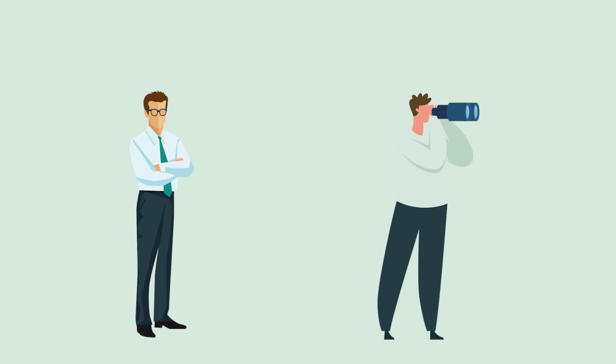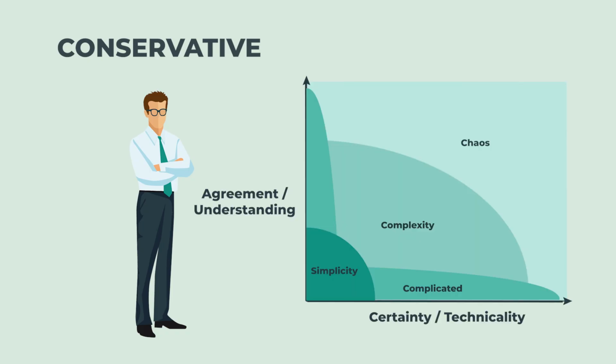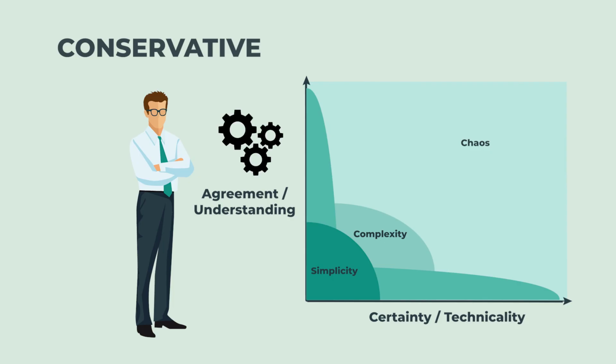We can also observe different postures across these zones: the conservative and the visionary person. For the conservative person, the complexity zone is reduced, both by the increase of their simplicity zone, and therefore their comfort zone, and by the growing number of uncertain parameters that they are unable to manage.